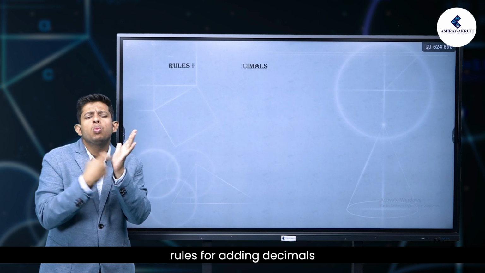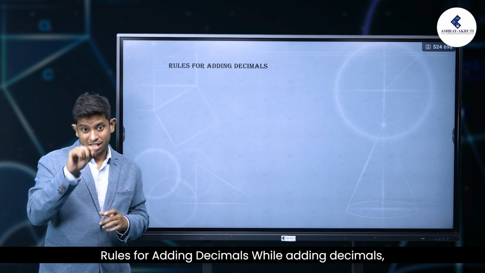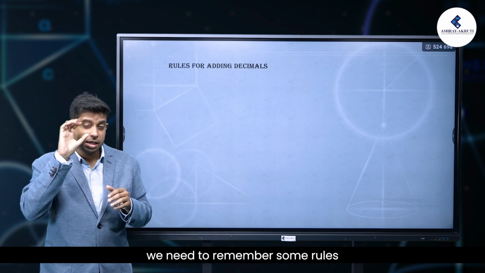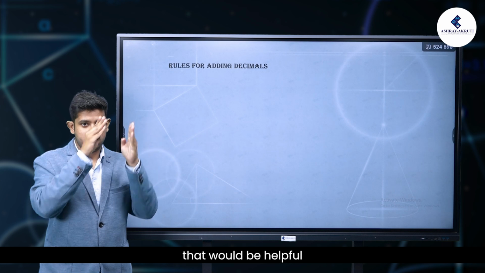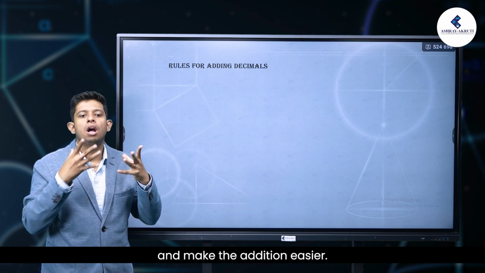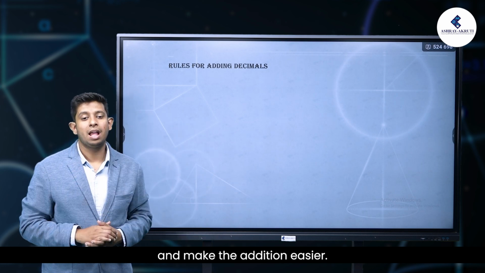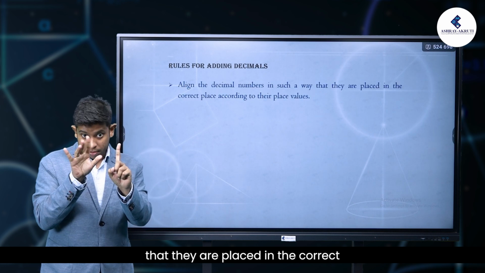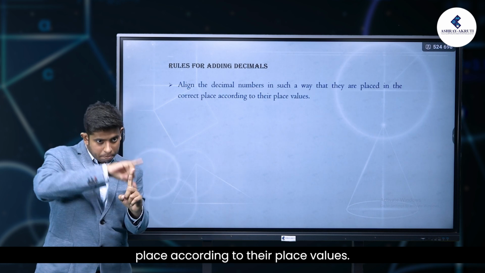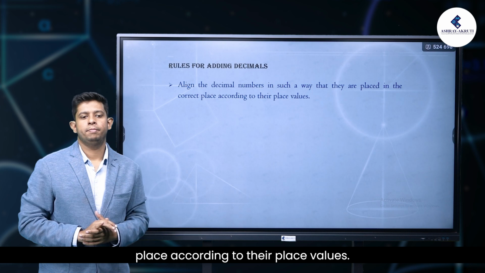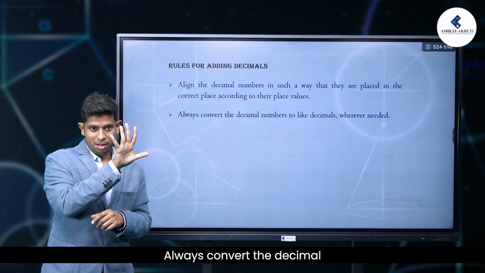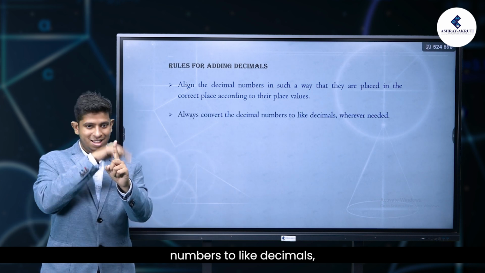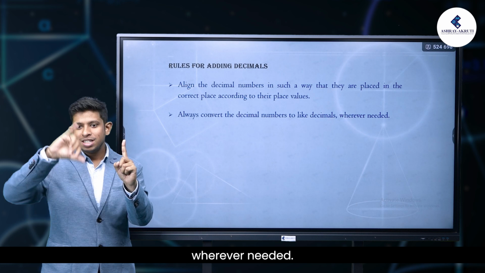Rules for adding decimals. While adding decimals, we need to remember some rules that would be helpful and make the addition easier. Align the decimal numbers in such a way that they are placed in the correct place according to their place values. Always convert the decimal numbers to like decimals wherever needed.